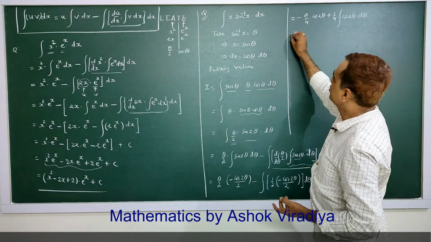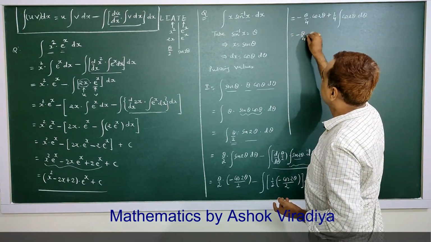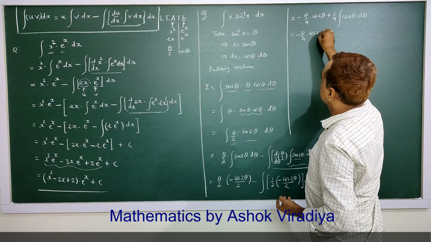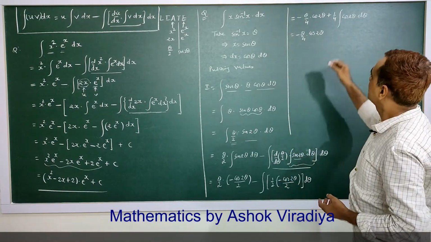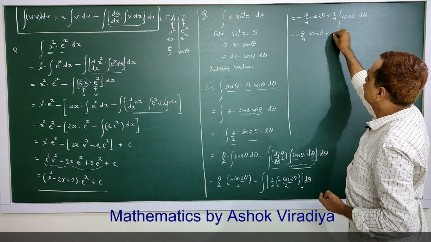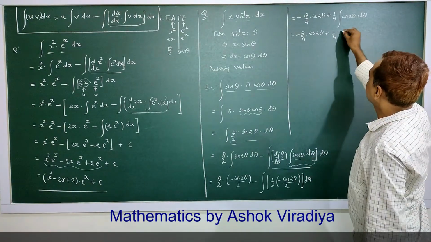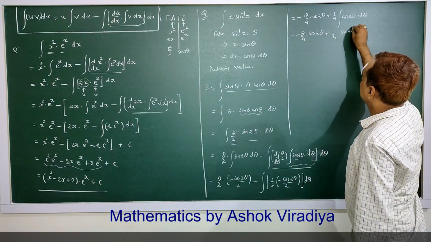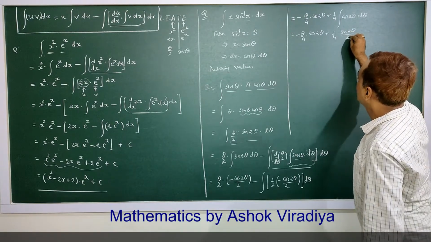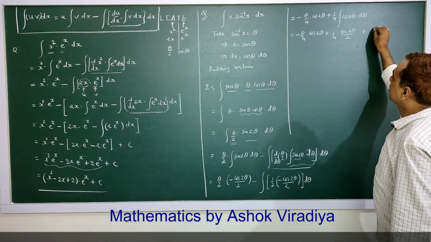So it is equal to minus theta by 4 cos 2 theta plus 1 by 4 into integral of cos 2 theta, which is sine 2 theta by 2, and at last keep plus c.